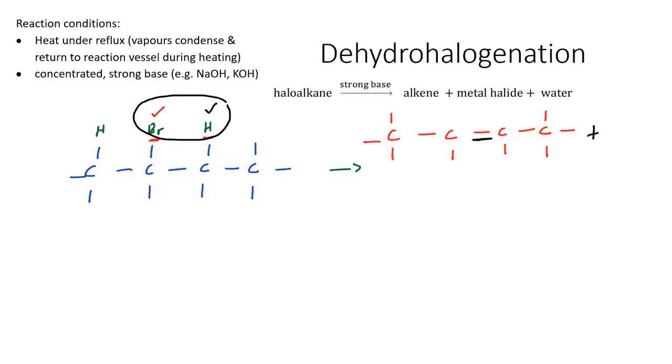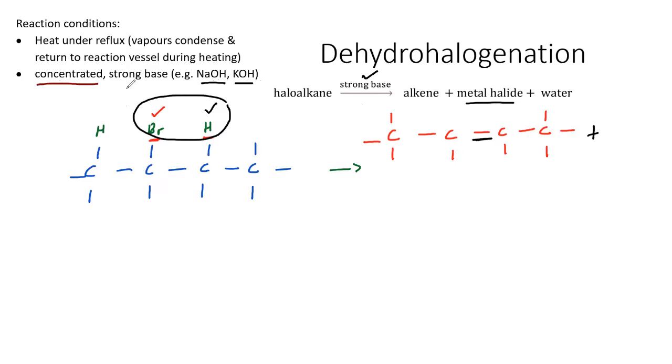Plus, we go on, the metal halide. Now notice something. I said you use a strong base. In dehydrohalogenation, you use a strong base. That base can be sodium hydroxide or potassium hydroxide. But here's the key. I need you to understand that the base must be concentrated.